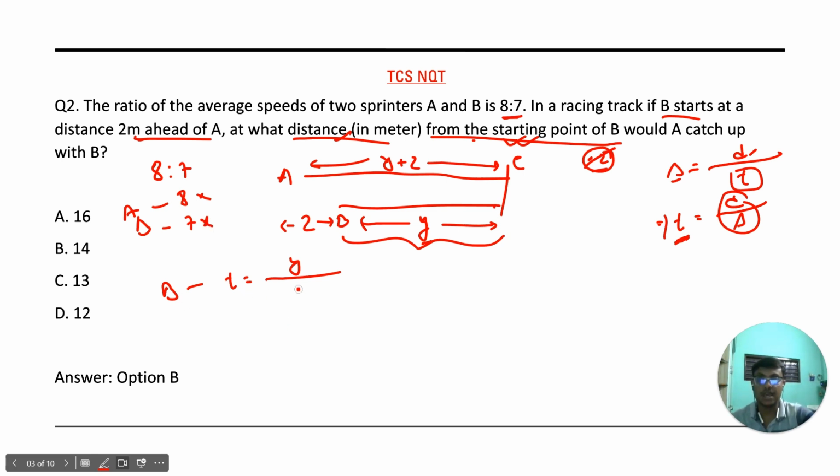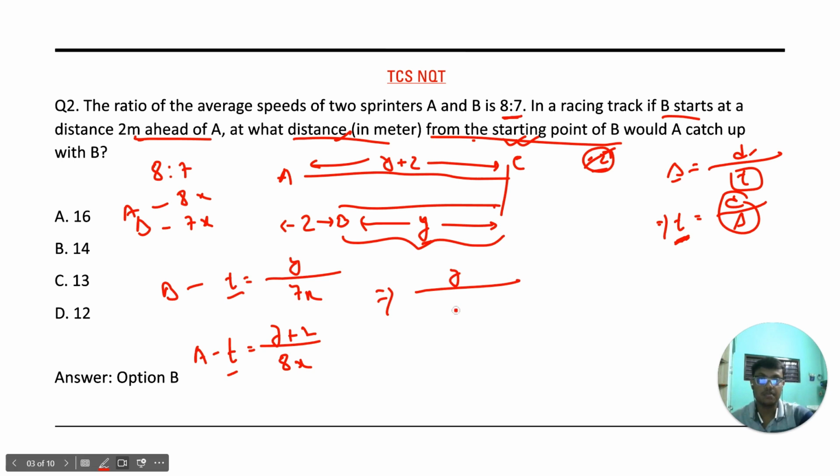Thus, for B we have time equal to y by 7x, and for A we have time equal to y plus 2 by 8x. Now, these two can be equated as time is constant here.